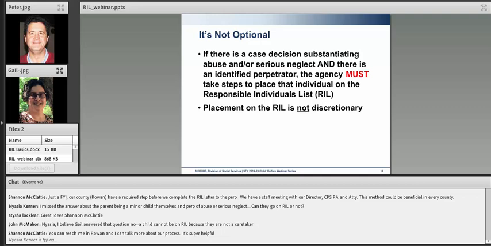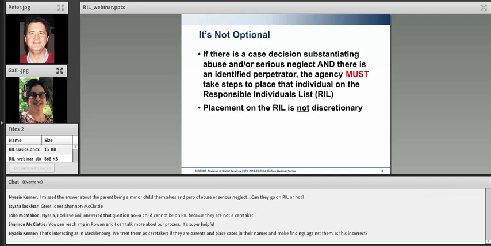The way that's worded is a little confusing, because you'd think, oh, so a child can be seriously neglected? No, they're using the word determination rather than substantiation. So again, don't get those things confused. You don't have serious neglect unless you've got the identification of a responsible individual. So this slide is merely to let you know that you have to do it. Next slide.